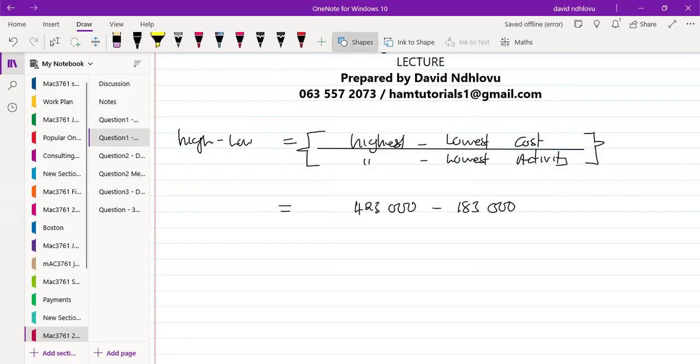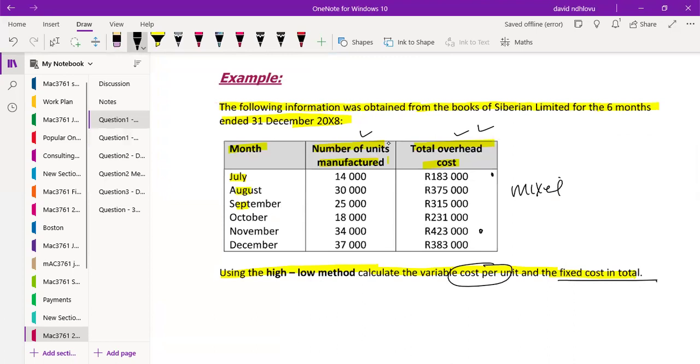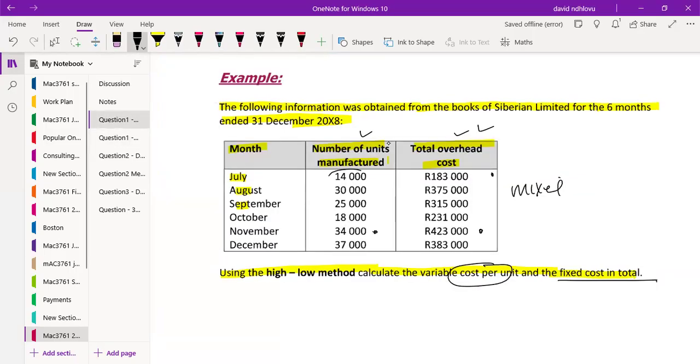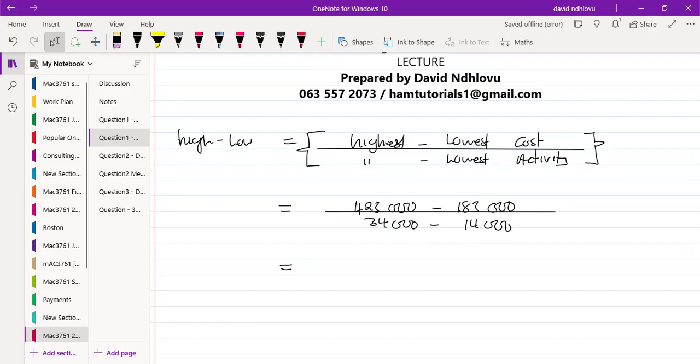Then we divide that by the output. At the highest cost, the output is 34,000, and at the lowest, it was 14,000. And then we can get the variable cost per unit.